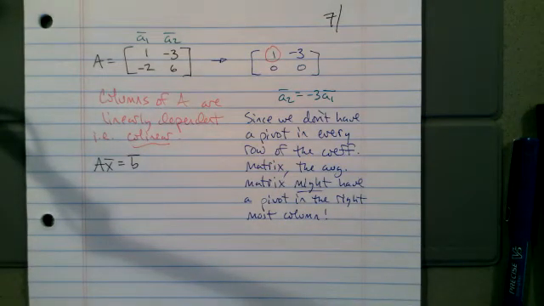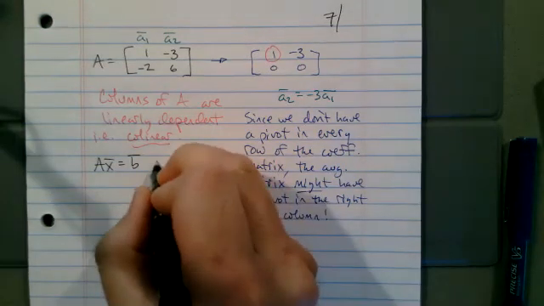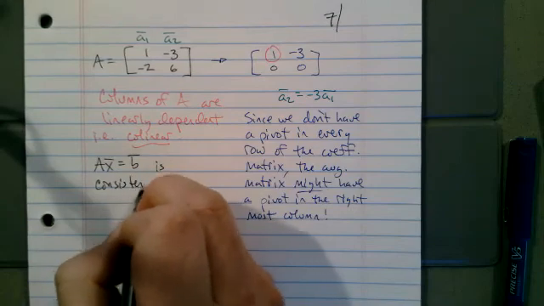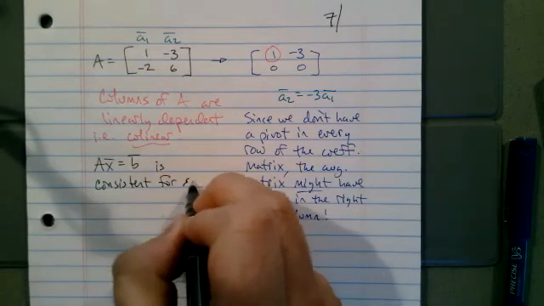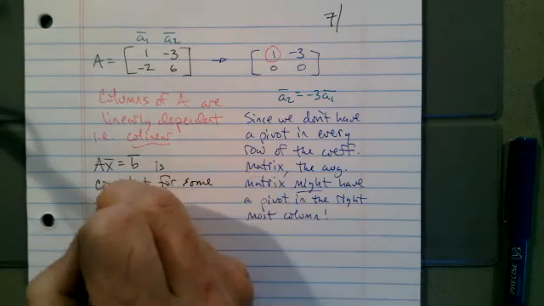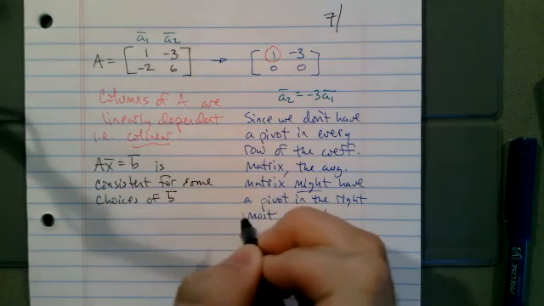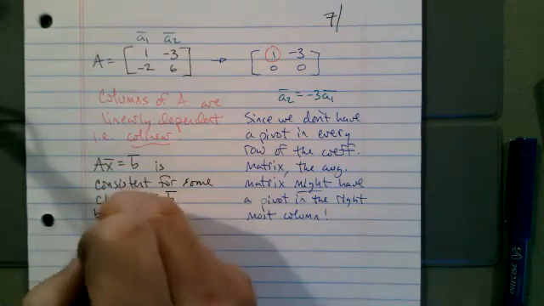So AX equals B is consistent for some choices of B and inconsistent for other choices of B. AX equals B is consistent for some B but inconsistent for others.